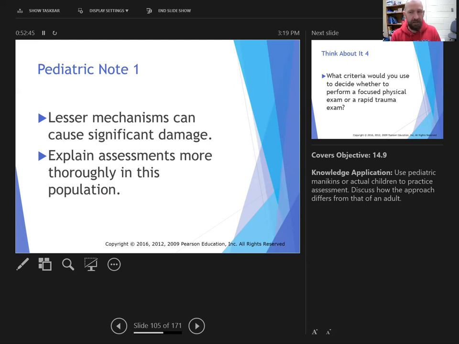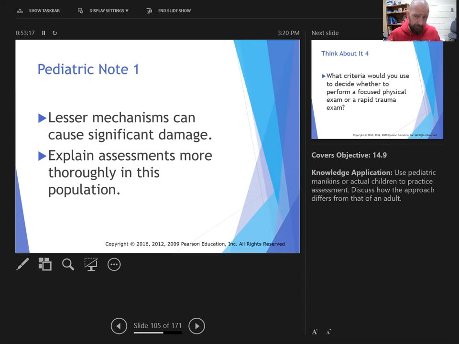Kids are notoriously bad patients because they're not good reporters for themselves, meaning they might not tell us exactly the truth because maybe they think they're going to get in trouble for however they got hurt. Maybe they were doing something they weren't supposed to, or maybe they just think they're going to get in trouble because they got hurt and now there's an ambulance there. Now there's these strangers here and mom and dad are upset, right? So they may not be the best patient. So talk to them. You want to kind of gain their trust and things like that.